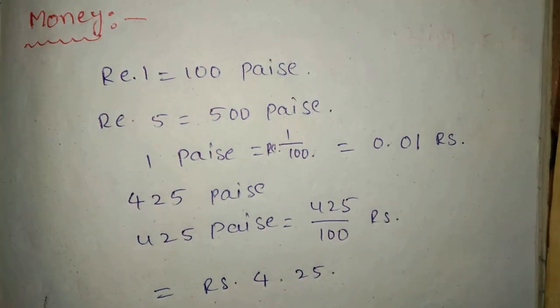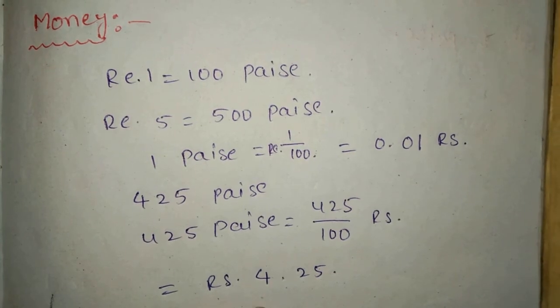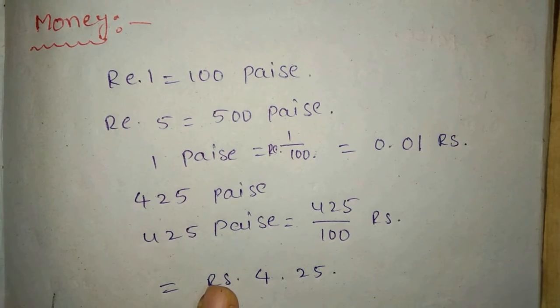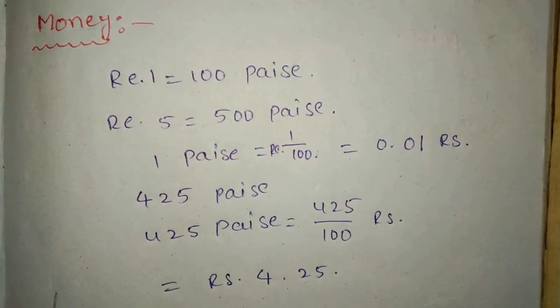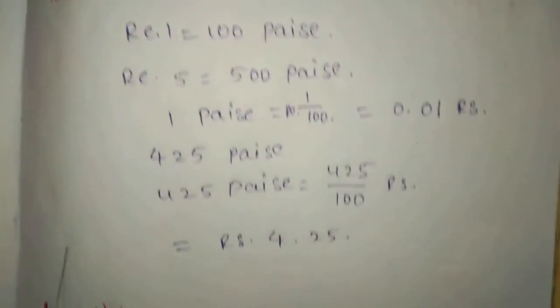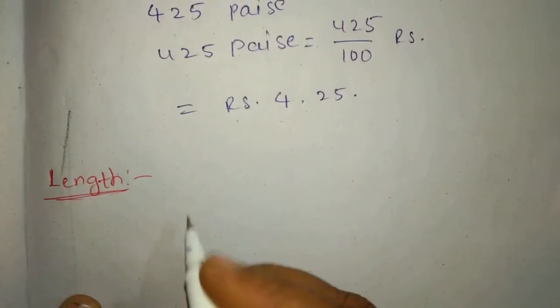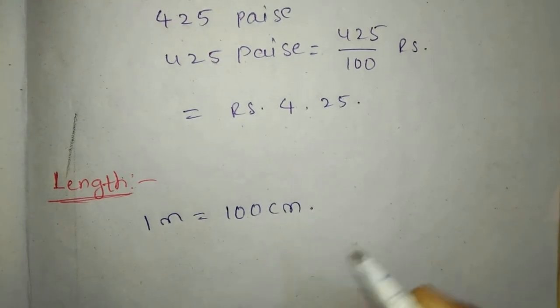So, while representing paise in terms of rupees, we use decimal points. Similarly, we can use decimals while representing length. We know that 1 meter is equal to 100 centimeters.